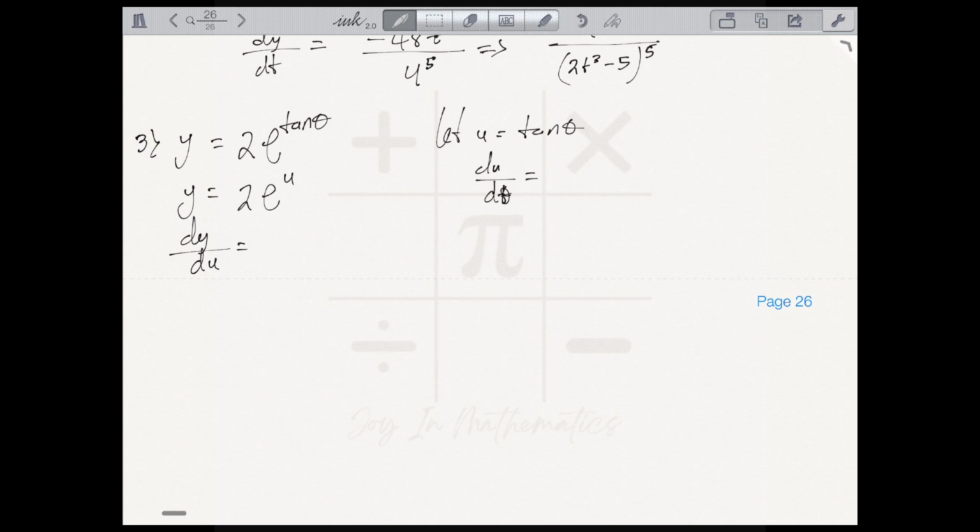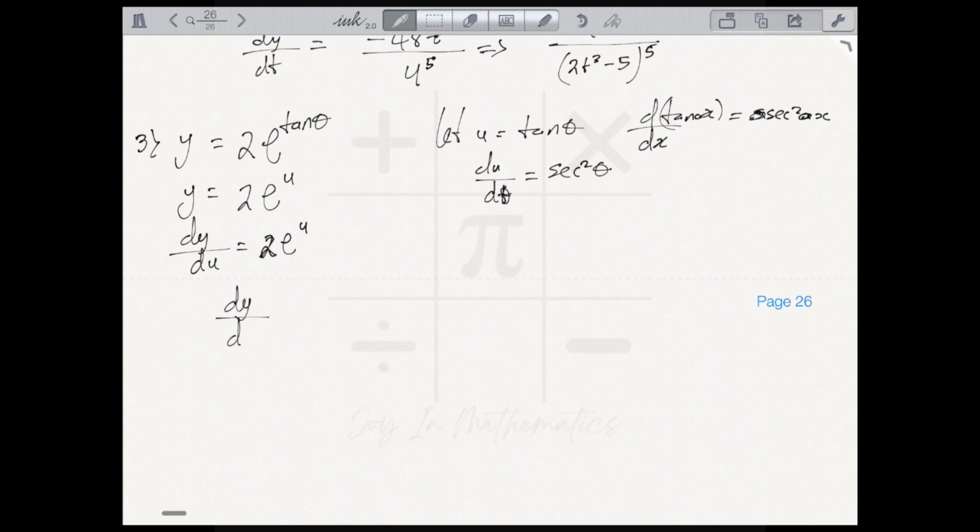Okay, so dy/du, when we differentiate it, we'll have 2e^u. And when we differentiate tan theta, remember that differentiation of tan ax is equal to a sec square ax. So differentiation of tan theta will give us sec square theta.